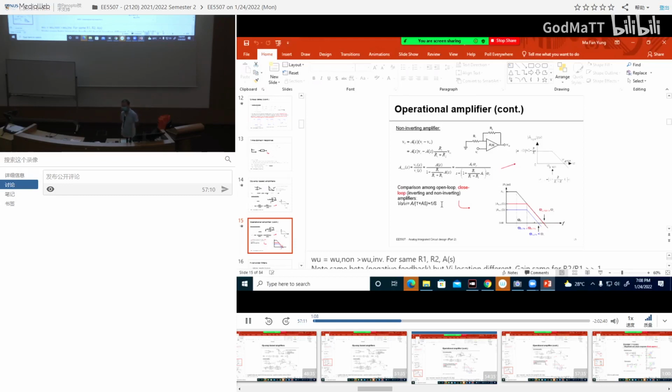Very simple, right? If A is very big, then A beta is much bigger than 1, and therefore A over (1 plus A beta) is 1 over beta. So as long as your feedback circuit gain is well controlled, that will control the gain of your overall amplifier.